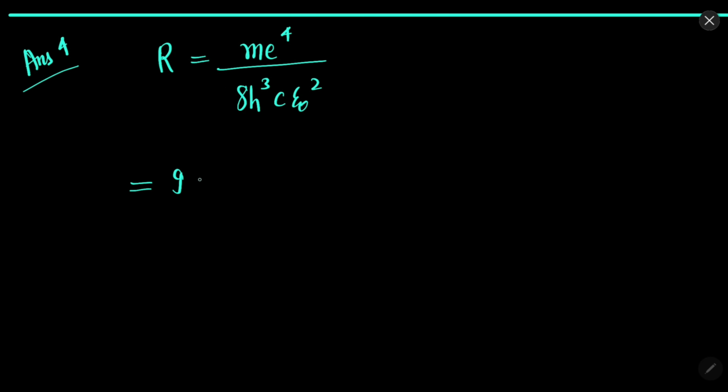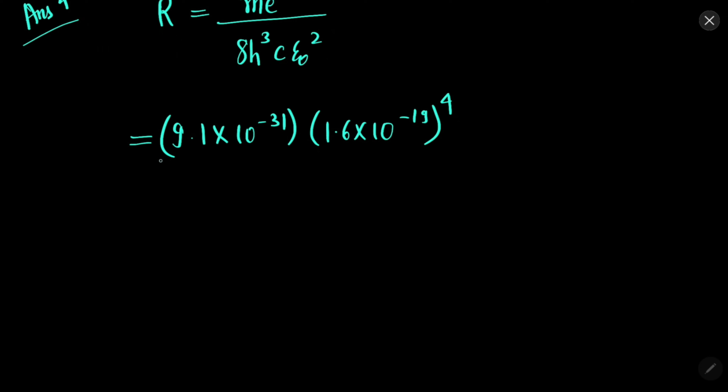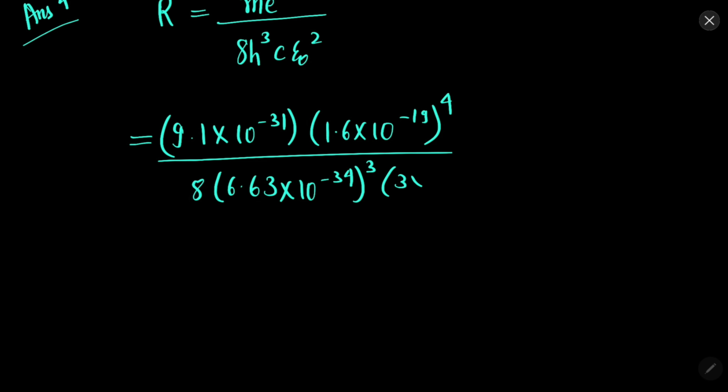Mass of electron is 9.1 into 10 to the power minus 31 kg. Charge of electron is 1.6 into 10 to the power minus 19 coulomb, to the power 4, over 8 into h, which is 6.63 into 10 to the power minus 34, whole cube. Speed of light is 3 into 10 to the power 8 meter per second, and epsilon naught is 8.85 into 10 to the power minus 12, square.